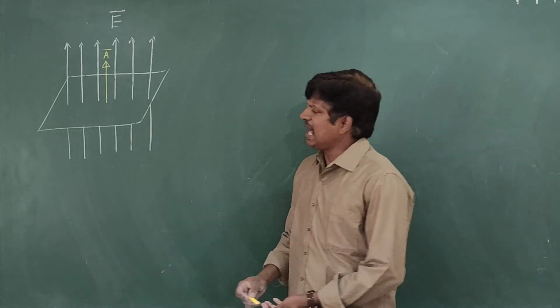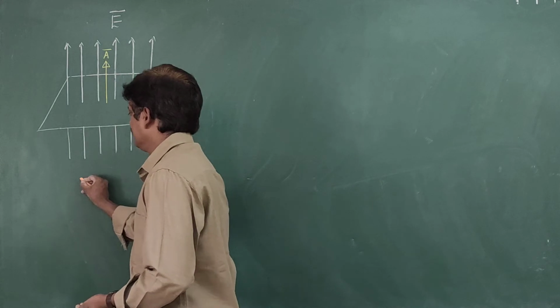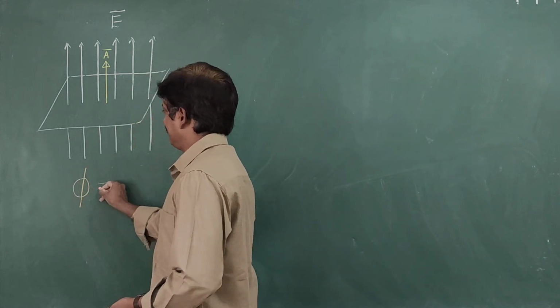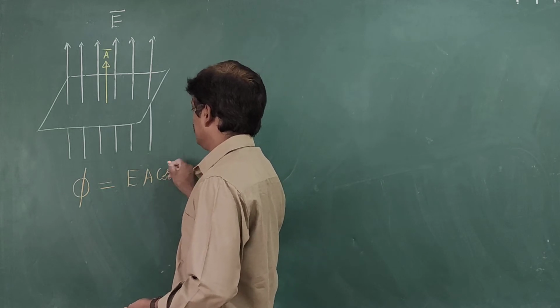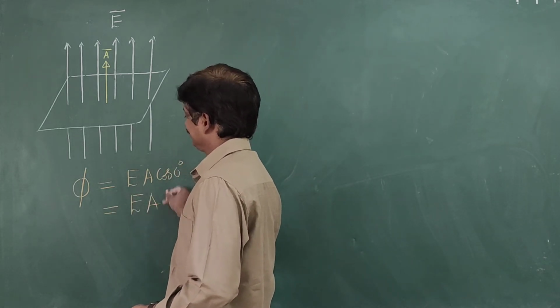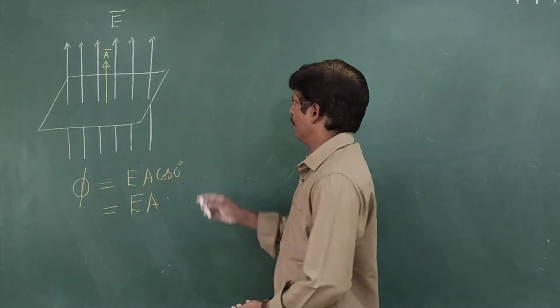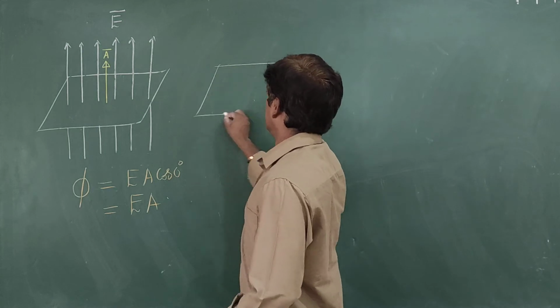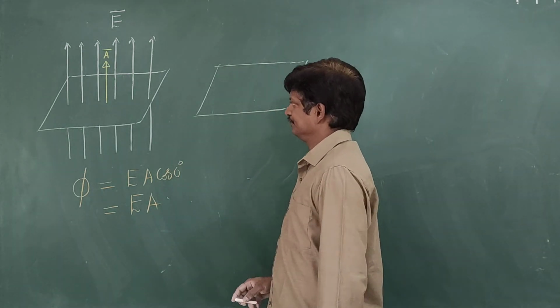So E bar and A bar, both of them are in the same direction. Then what is the electric flux? Flux phi is equal to EA cos 0. Then the electric flux is equal to EA. Is that clear?